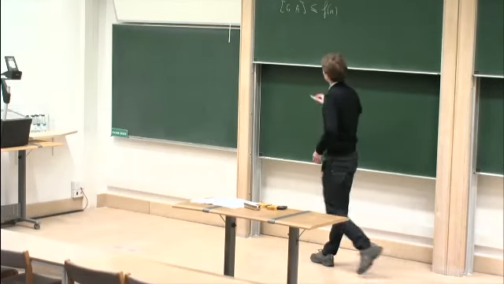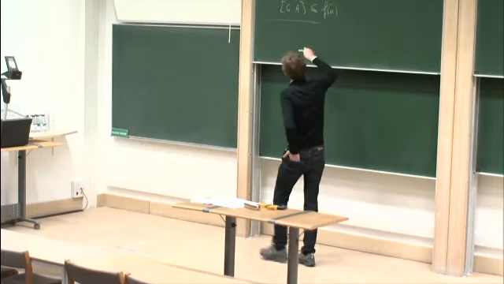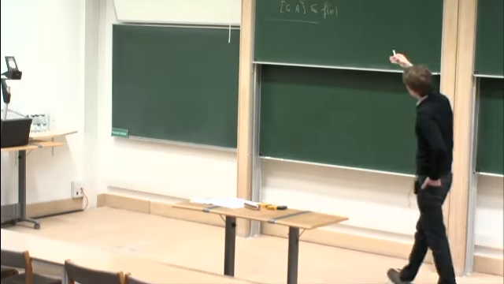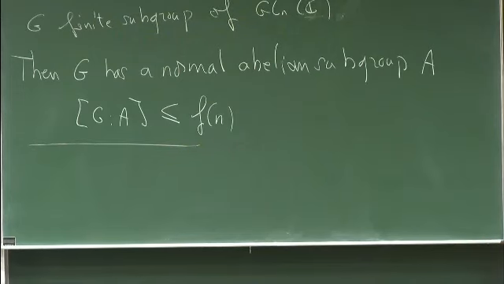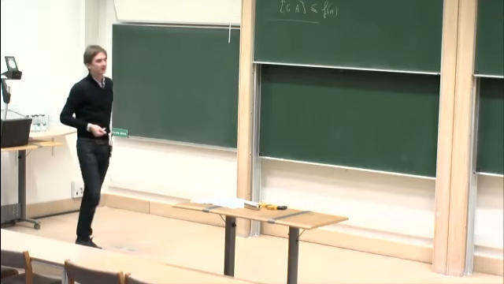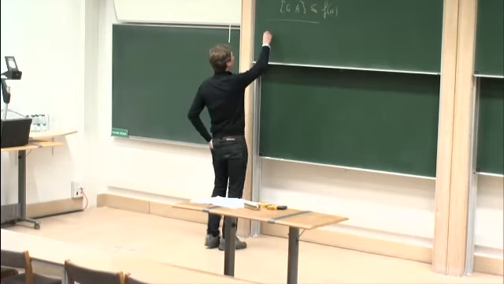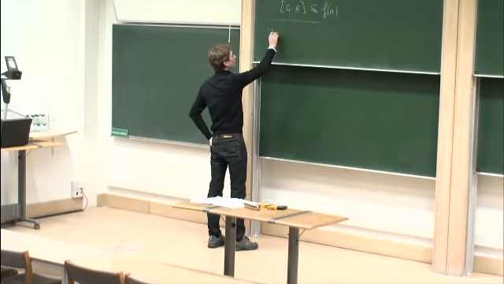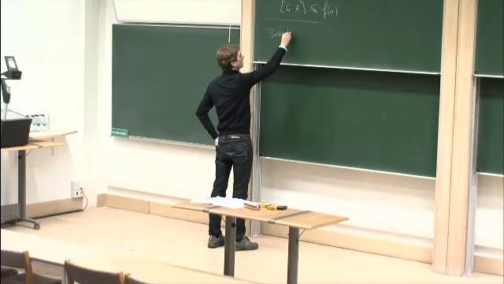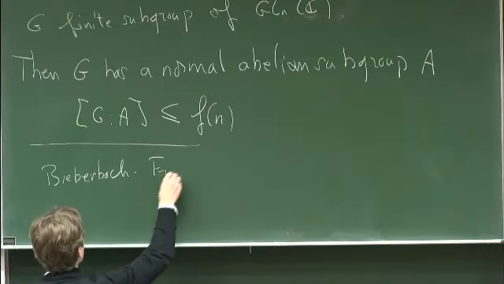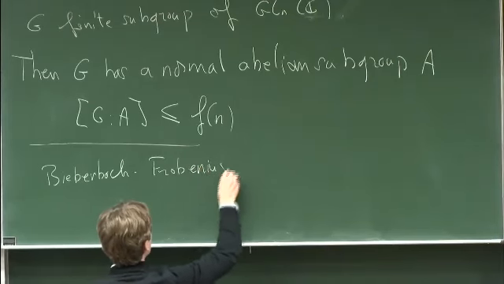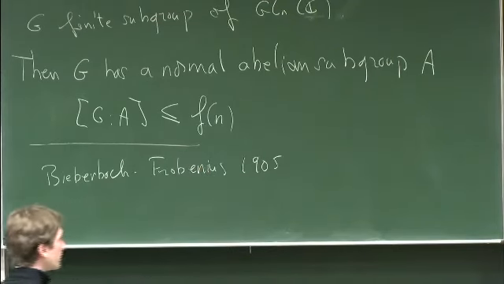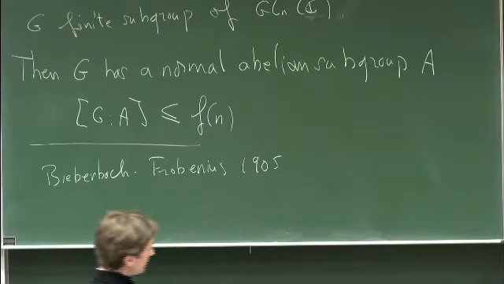So nowadays, the proofs you can find in textbooks do not follow Jordan's original argument. They follow a later argument due to Bieberbach and Frobenius, from say 1905, and this is essentially a geometric argument.